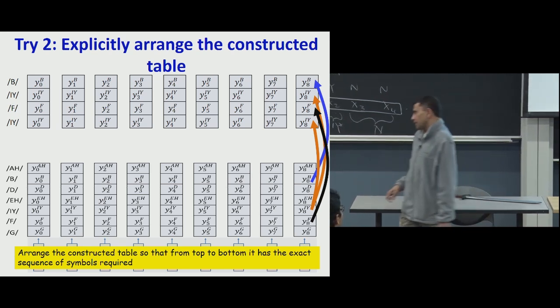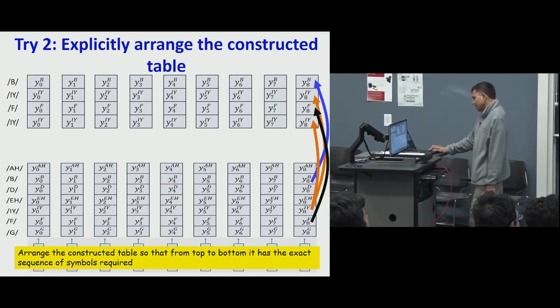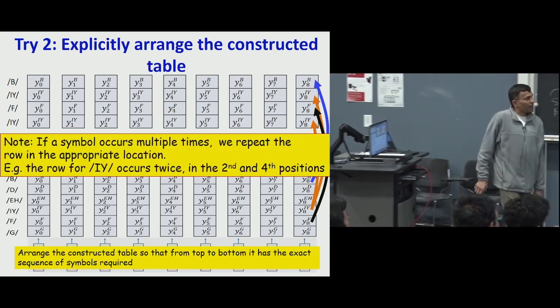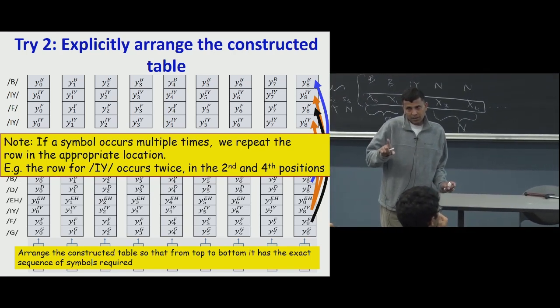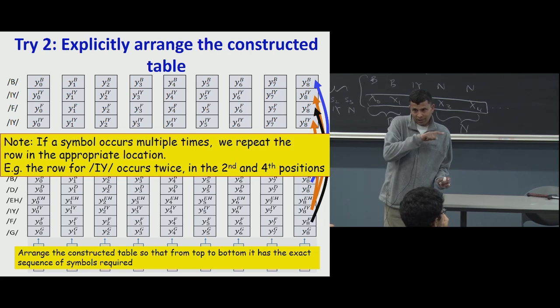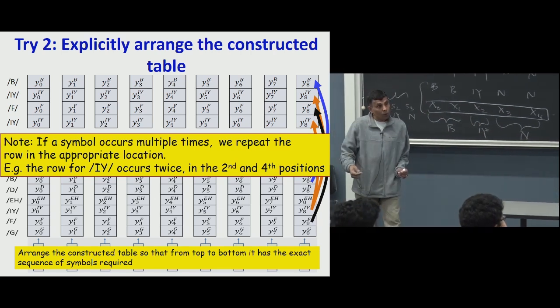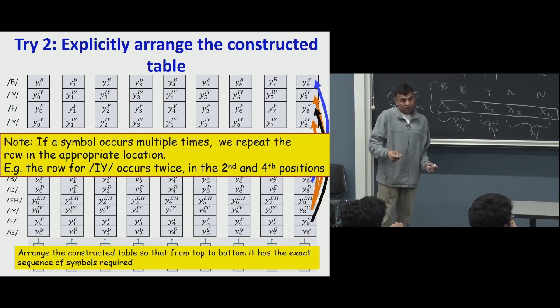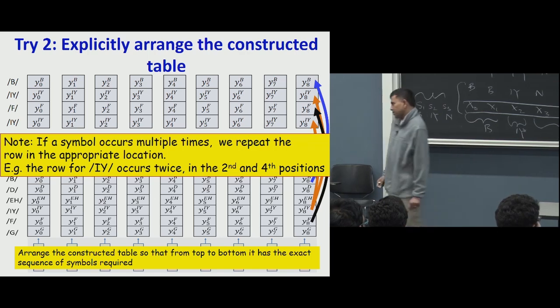Observe that the reconstructed table over here actually has the rows for E occurring twice. So I've got the reduced table, but this reduced table has one row per output target symbol. And if symbols occur multiple times, I'm going to get the rows multiple times.